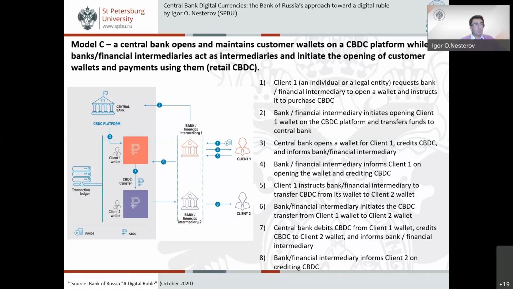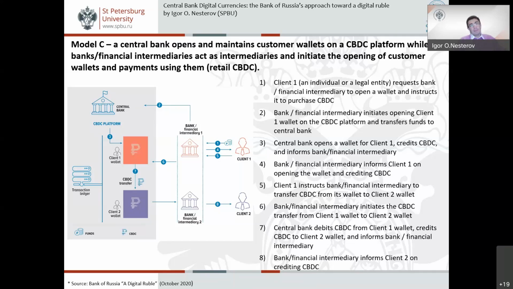So in this model, individuals and companies possess direct access to the wallets opened and serviced by the central bank.